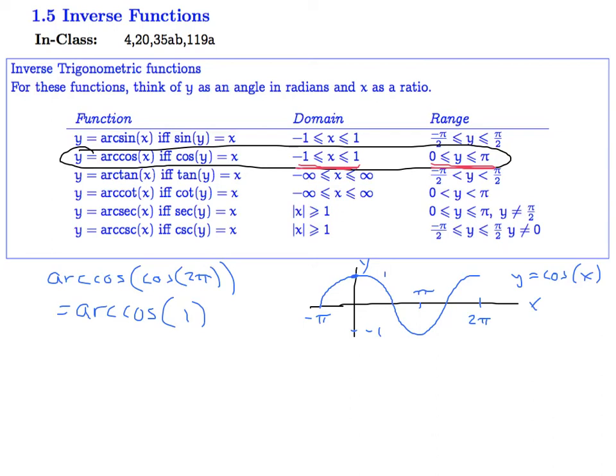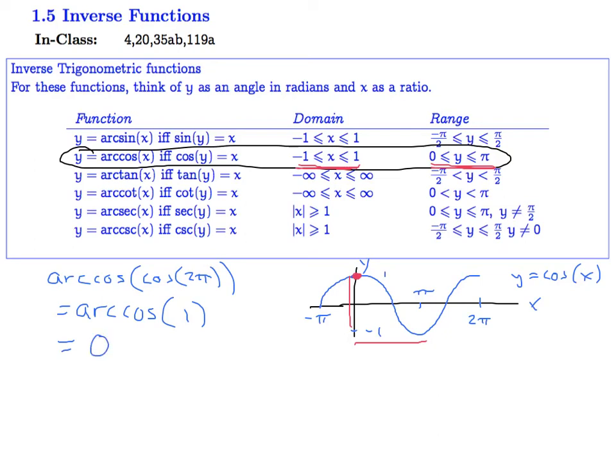This means that arccosine will only take values where x is between -1 and 1, and we're going to get values between 0 and pi. We look at our graph and we see we have a value of 1 up here when we get 0. So this means that arccosine of 1 is going to be equal to 0.